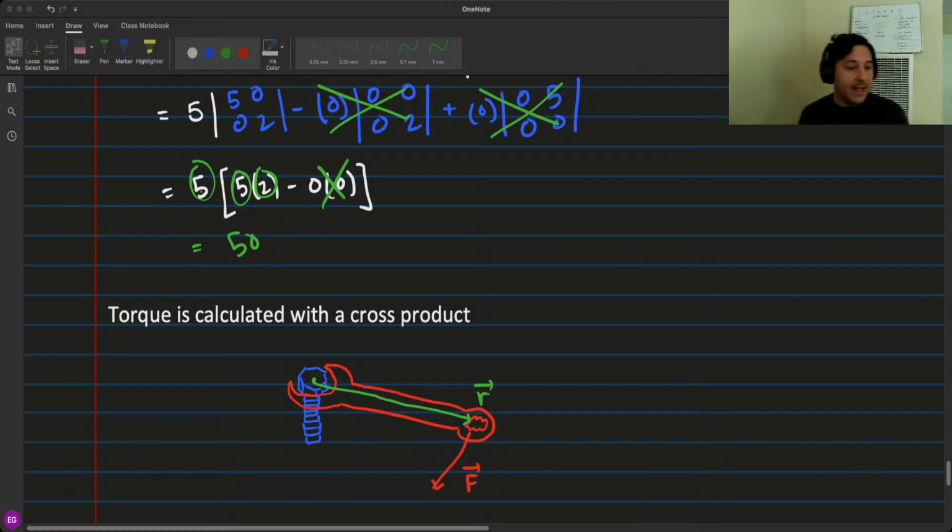Because if you know anything about physics, if you have a very small wrench and you try to turn a bolt, how is the effectiveness of that compared to the same amount of pushing but with a really long wrench?